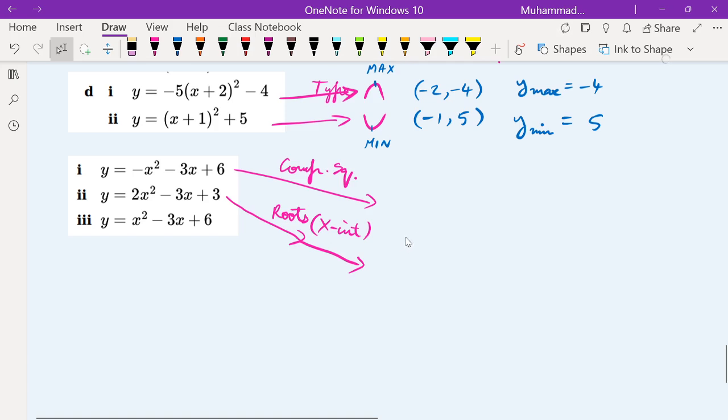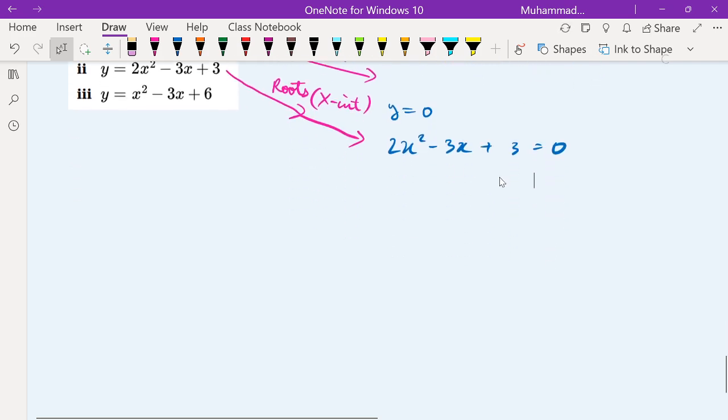Okay, first thing, one thing at a time. Roots mean, okay, you can factorize, but basically you'll put y equal to 0. So your equation 2x squared minus 3x plus 3 will be placed equal to 0, and then you'll try to solve it.